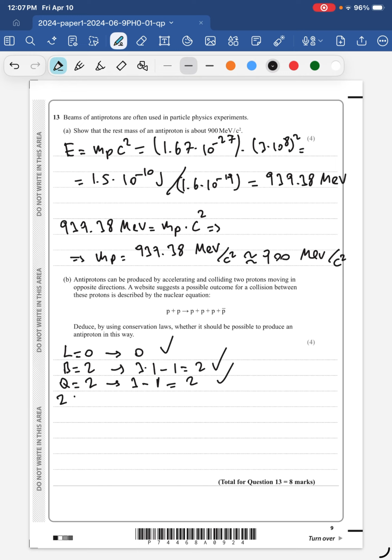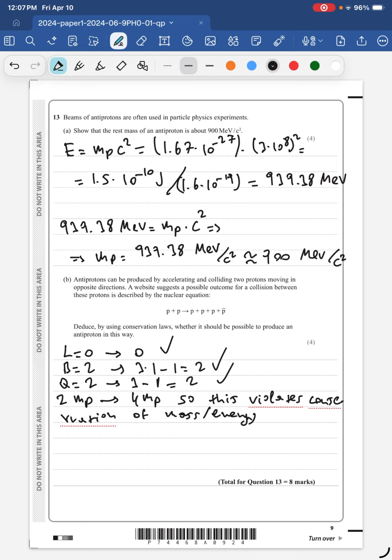But we have 2 times the mass of the proton going into 4 times the mass of the proton. So this violates conservation of mass energy.